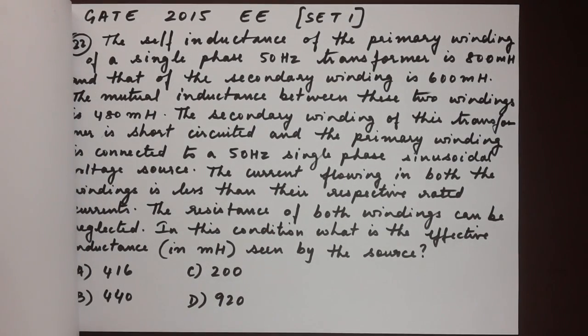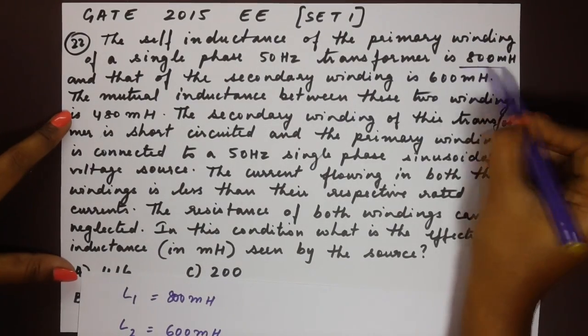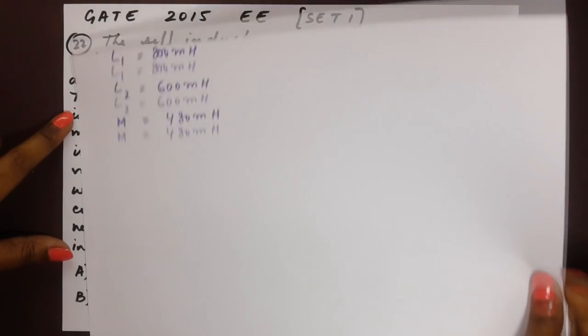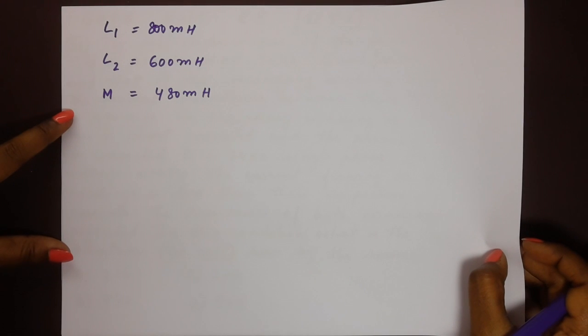That's what's given to us. The self-inductance of the primary winding is 800, the secondary winding is 600 and the mutual inductance is 480 millihenry. So we have three values given to us. Now let's put them in the form of a figure or diagram.